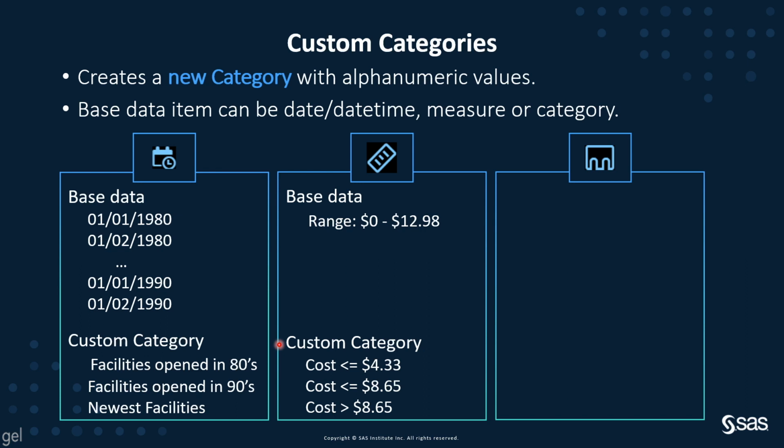Our second category data value will be to group the value range from greater than $4.33 but less than or equal to $8.65, and we will call it cost less than or equal to $8.65. The remaining values will get grouped under the category data value cost greater than $8.65.